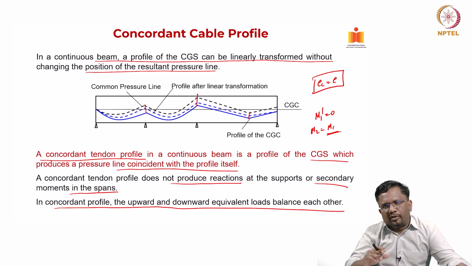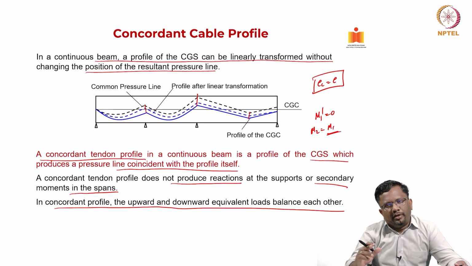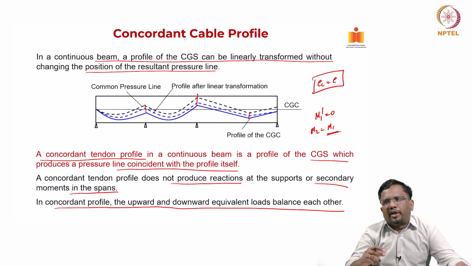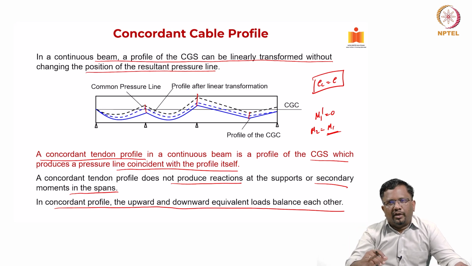So, we have to account for that, but usually we know that the pre-stressing force will be controlled by the hogging moment requirements at the support regions, which will actually control the amount of pre-stress. So, if there is a beneficial effect of reducing that by the secondary moments, it is going to help you come up with a more economical and efficient design.